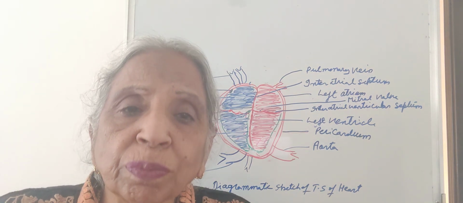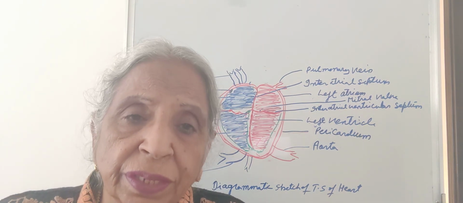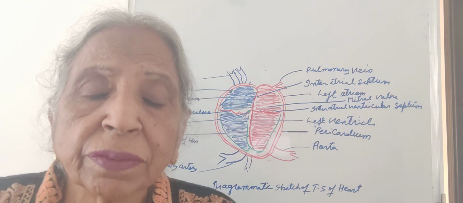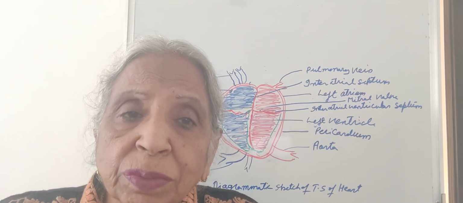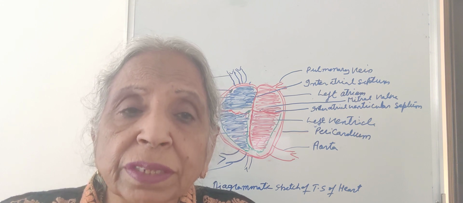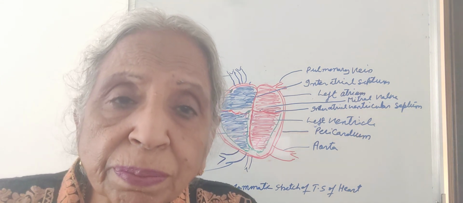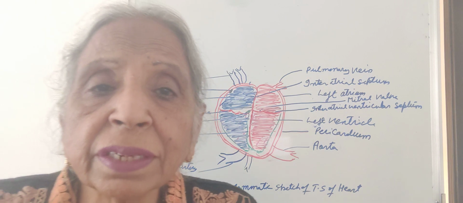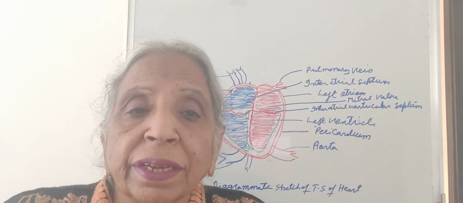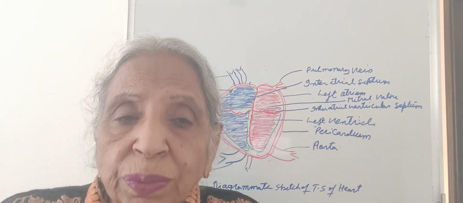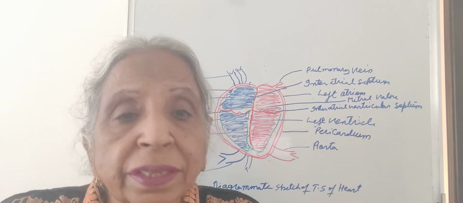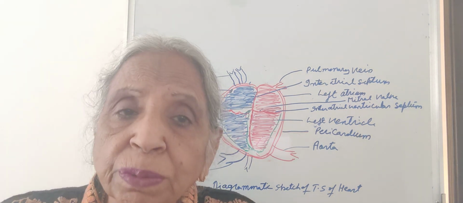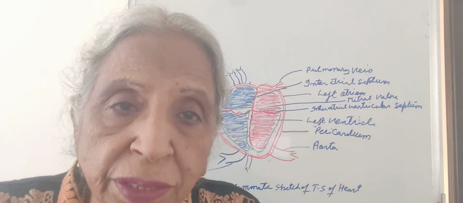It prevents backflow of blood from ventricle to the auricle. Similarly, between the left atrium and the left ventricle, there is also an opening to facilitate the blood flow. This opening is guarded by two flap-like structures, and that is called the bicuspid valve. It is also called the mitral valve.